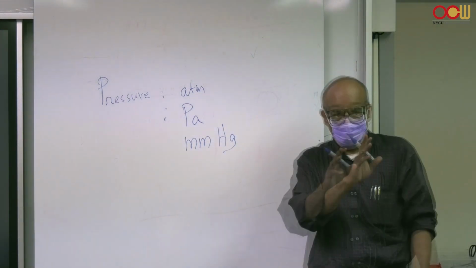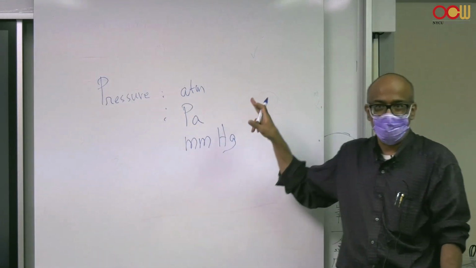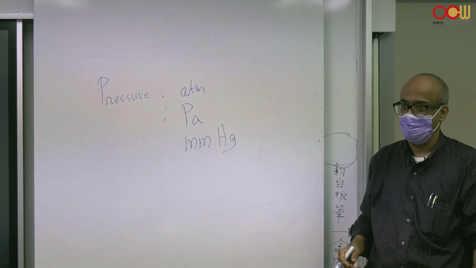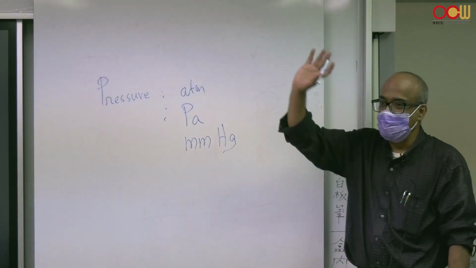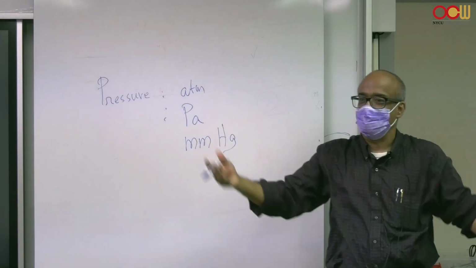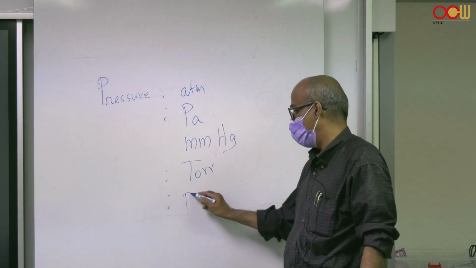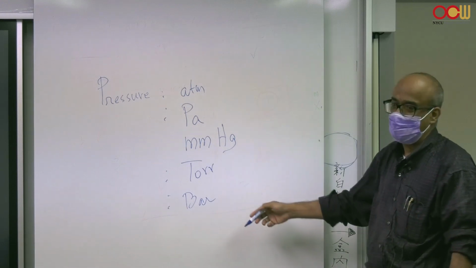So you see, pressure is the same thing, but depending on the subject, the units are changing. Can you tell me how do you measure pressure? Any unit of pressure, anything. Don't think about science, just like blood pressure or the air pressure or something. Torr. There are many actually, bar. So you see, this is what is happening.